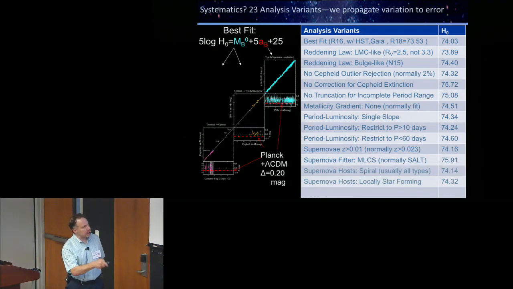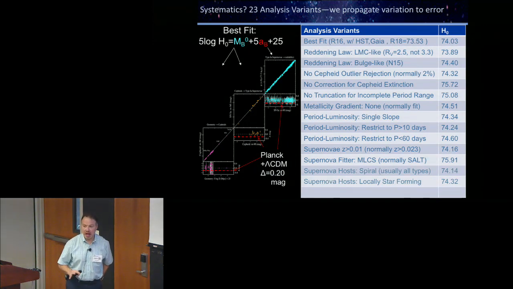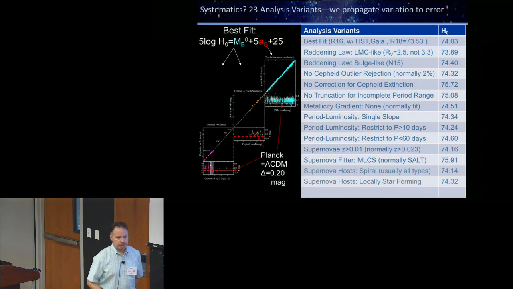But basically, these have some variation, but it's not very big, and we propagate the variation due to this into our systematic error budget. But we haven't seen a form of analysis yet, and many people in the literature have tried varying all kinds of things and have not found one. People have talked about the difference in metallicity between galaxies that host the Cepheids and the typical galaxy that hosts supernovae.